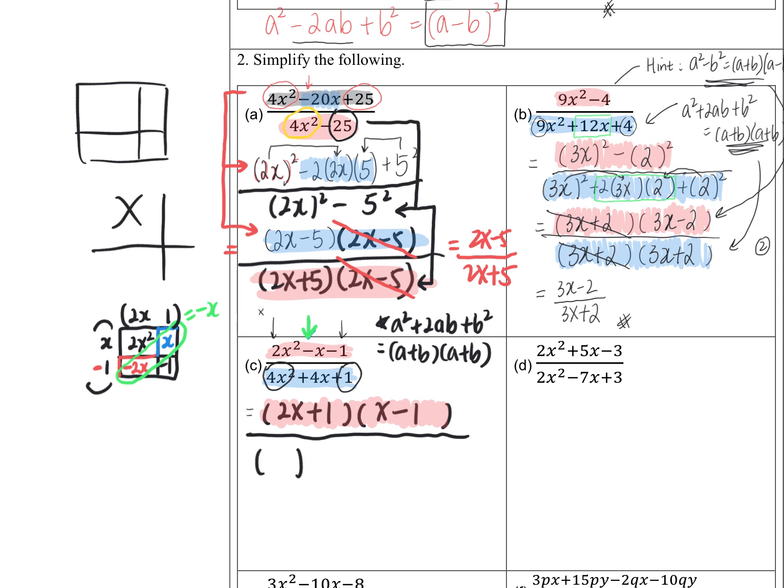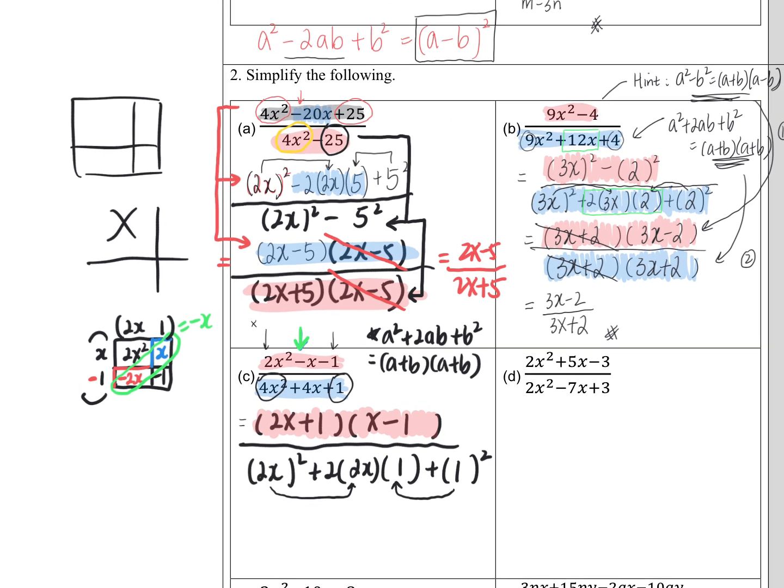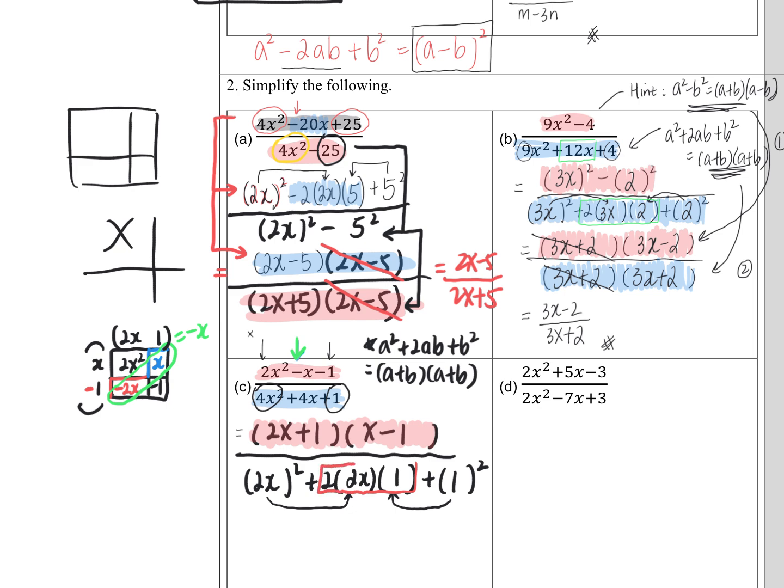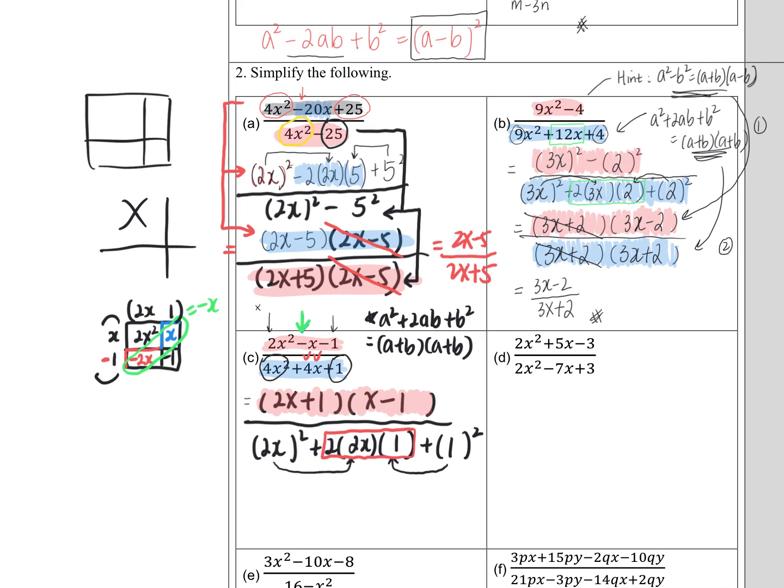So I need to change it to this, a squared plus 2ab plus b squared. So the a becomes 2x, the 1 becomes 1 squared. So copy this here. Then you check, is the middle term 4x? Yes, correct. That means the factorization is correct for sure.